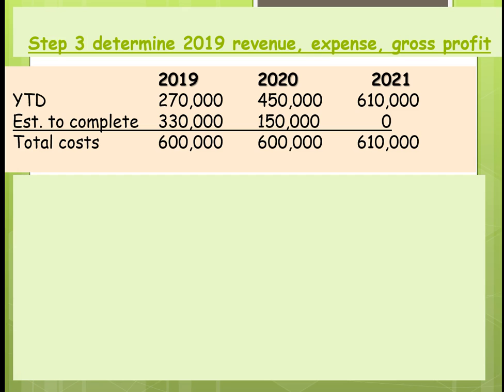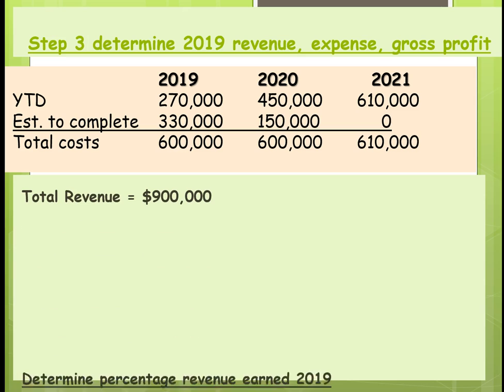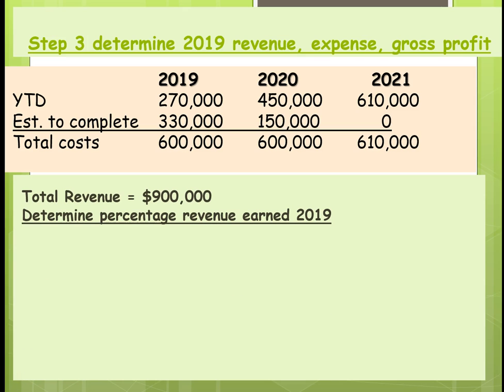So, here we go. Total revenue is $900,000. Determine percentage revenue earned 2019. For 2019, we would take the $270,000 divided by the total cost of $600,000. That tells us that it's 45% complete.